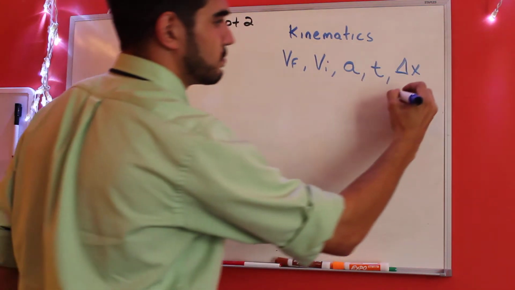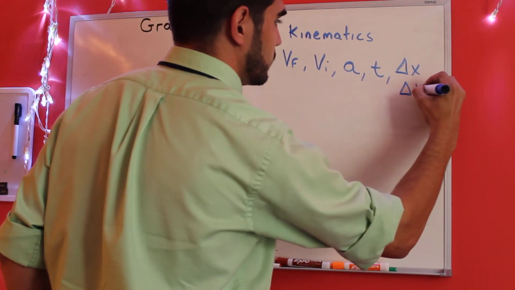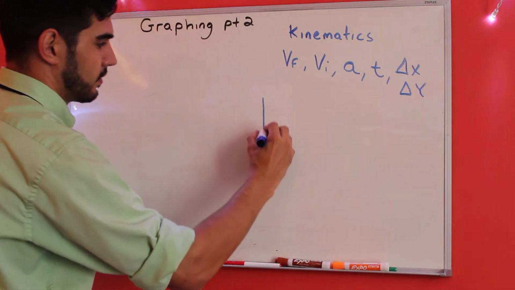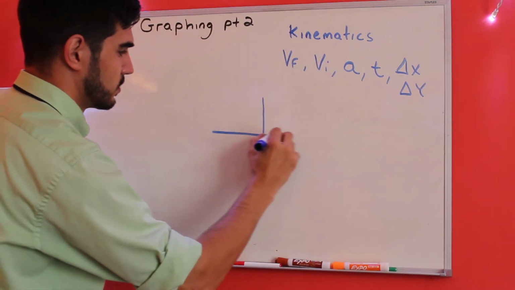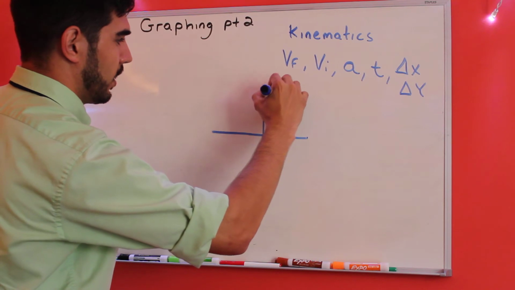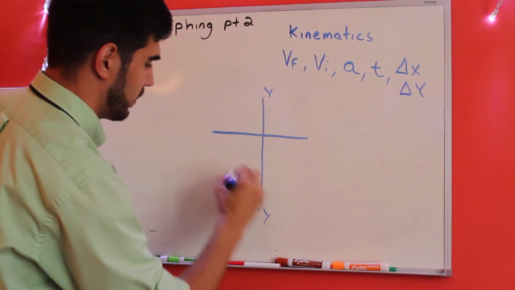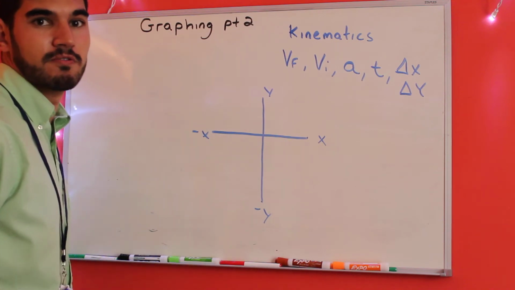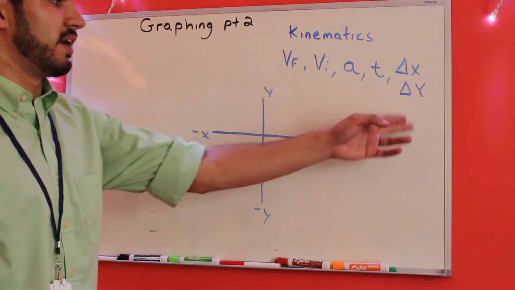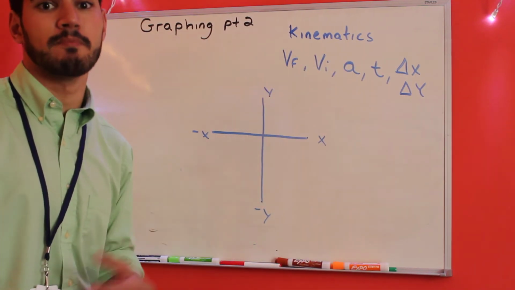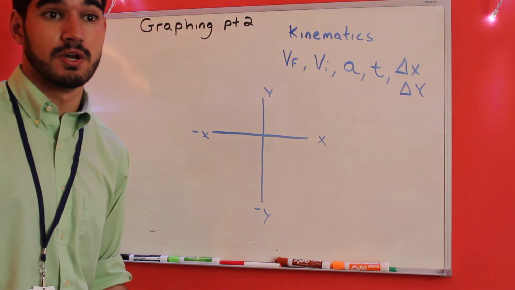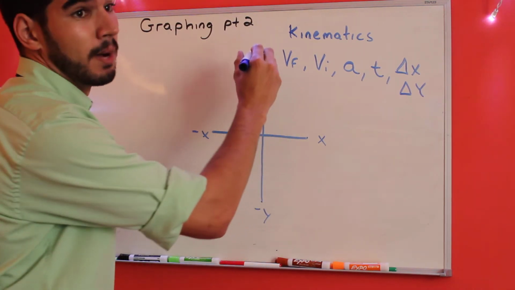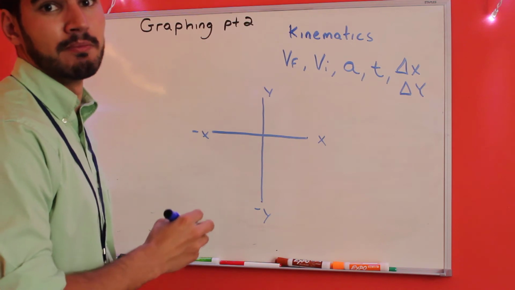I'll also put displacement in y, because as you remember from graphing and coordinate planes, we have our y, our minus y, our x, our minus x. That should look familiar. So we have to consider displacement in y separate from displacement in x, meaning if something moves up, it has nothing to do with something moving away.